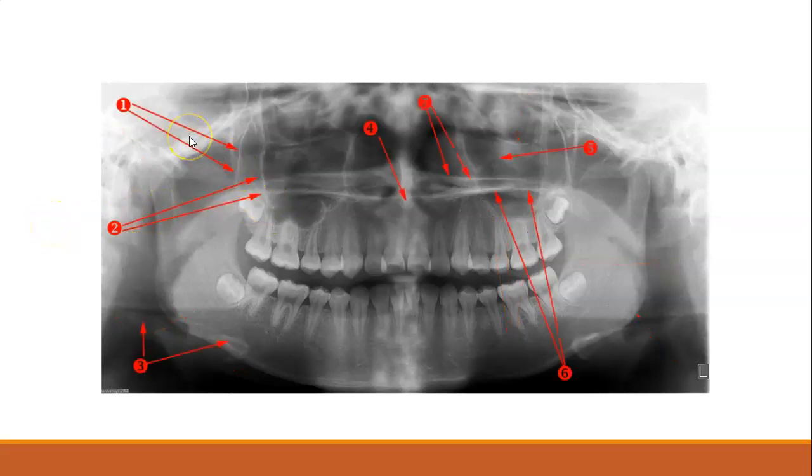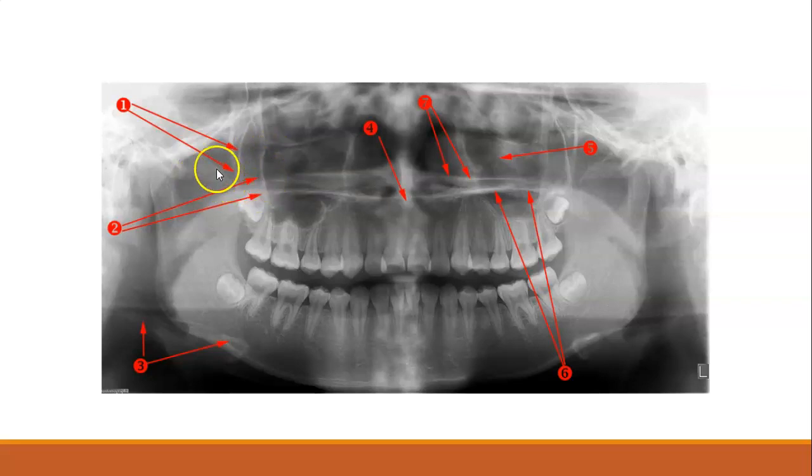So 1 is pointing to the posterior wall of the right maxillary sinus. This is the posterior wall. This is the floor of the sinus. Number 2 is pointing to the zygomatic process of the right maxilla. So here's the zygomatic process, and then we can follow it.